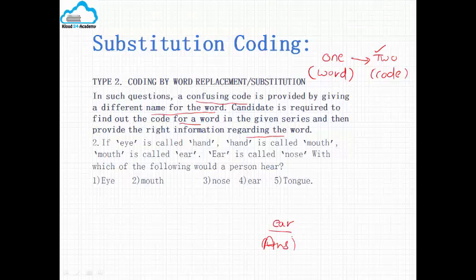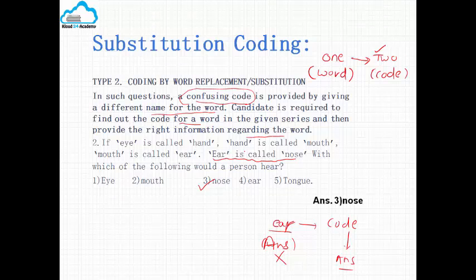The answer is ear. But we have to find the code which is given in the question, which will be the right answer. This is not the right answer. Its code is the right answer. So ear is called nose. So what will be the right answer? Nose. Okay, so this is how it gets confusing. A confusing code is given.